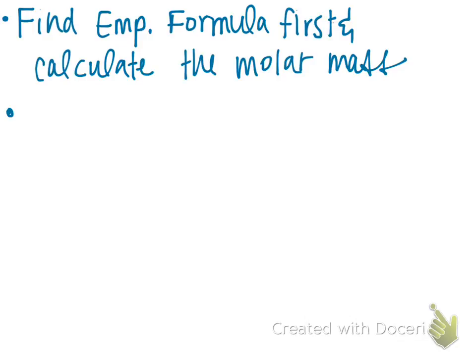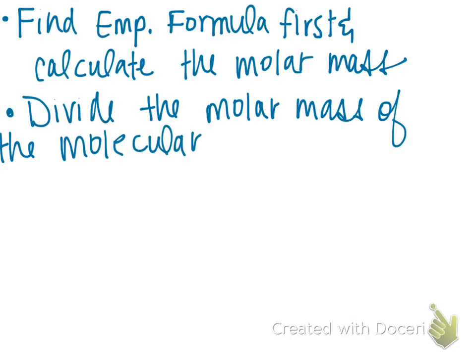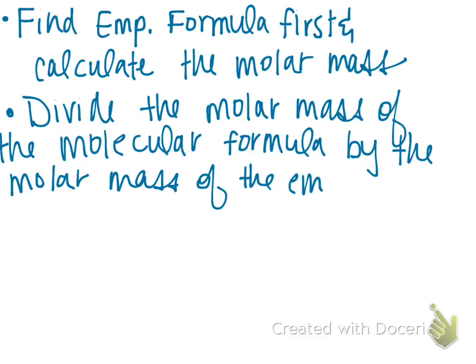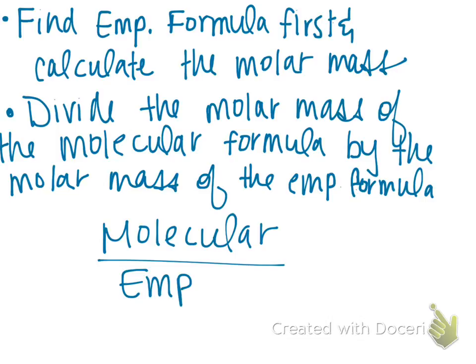So we'll find the molar mass of the empirical formula, and then we will divide the molar mass of the molecular formula by the molar mass of the empirical. So it's always going to be molecular over empirical.